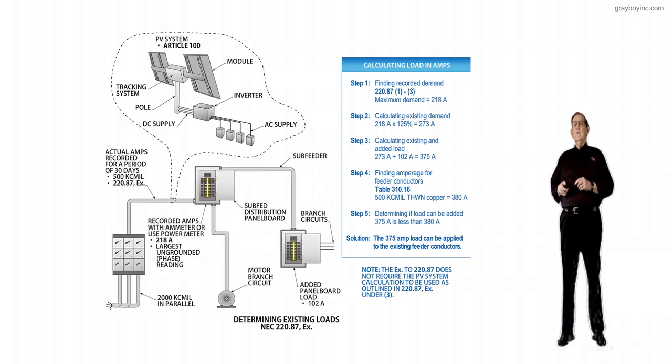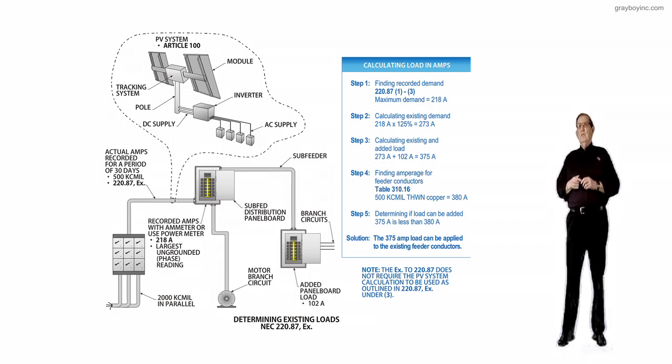Now the note summarizes this below the calculation boxed-in information. The exception to 220.87 does not require the PV system calculation to be used as outlined now in 220.87 exception under item number 3.